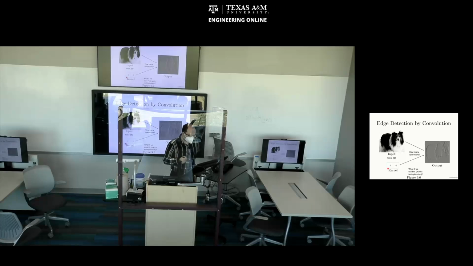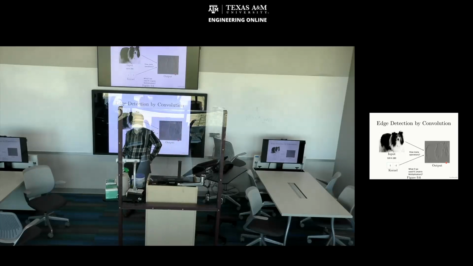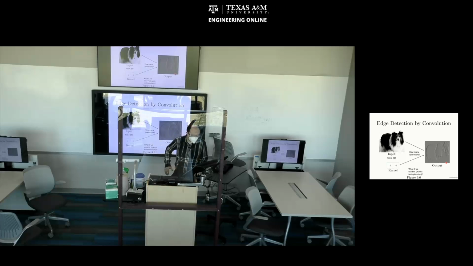So the question is, how many operations are we doing going from this 320 by 280 input to this output? Apparently you are doing multiplication and you are doing the sum. What's the complexity?